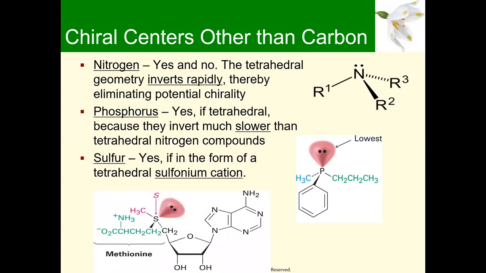It can't be in its bent configuration. It's got to be that trigonal pyramidal configuration, and that only happens when it's a cation, a sulfonium cation. These are actually pretty important, because the one you see there on your screen is responsible in a lot of biochemical reactions for transferring that methyl group to some other substrate.